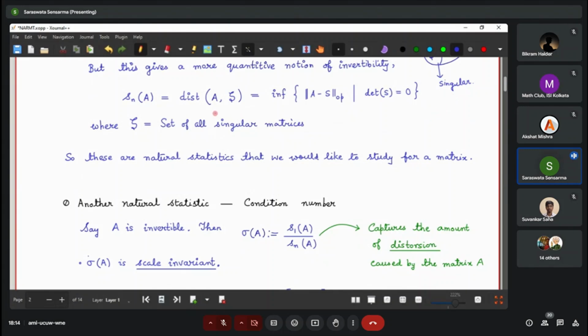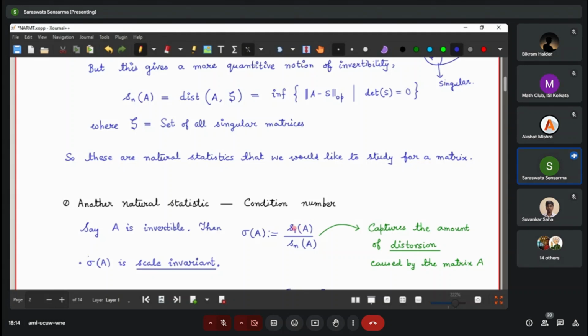Notice one thing, that the singular values depend on the scale of the matrix. So if you double the matrix, you double the singular values. However, if you look at the largest singular value divided by the smallest singular value, that's the size upon the invertibility, that is scale invariant, and also this captures the amount of distortion that this matrix A is causing to your R^n.